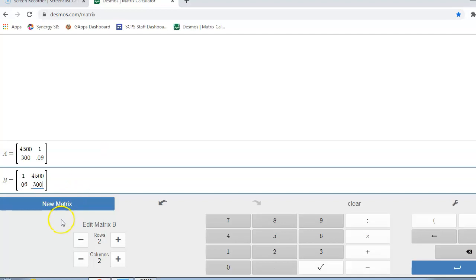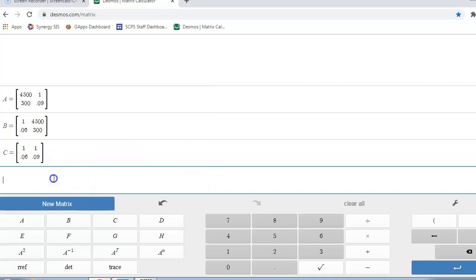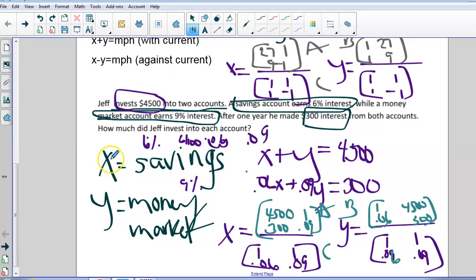And then my last matrix is going to be 1 with 0.06, 1 with 0.09. And I want to solve for X, the amount in his savings account. And I have DET of A divided by DET of C. That is going to get me a total of $3,500. So there's $3,500 in the savings account.